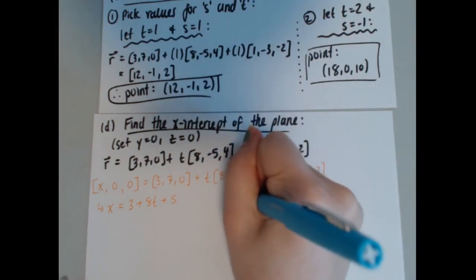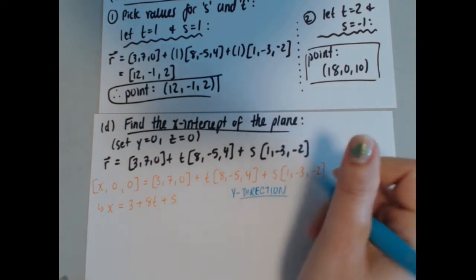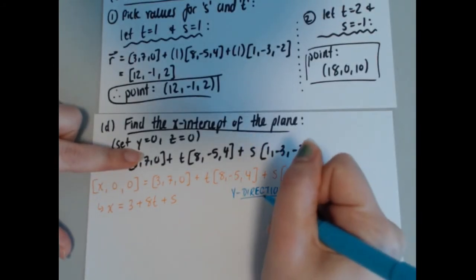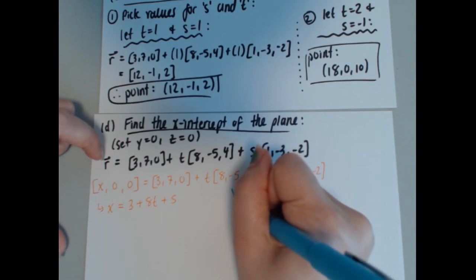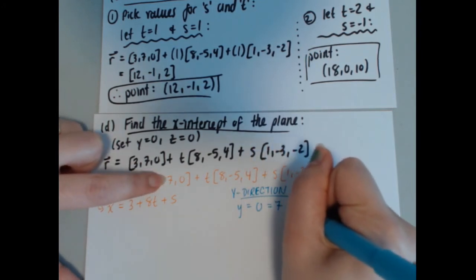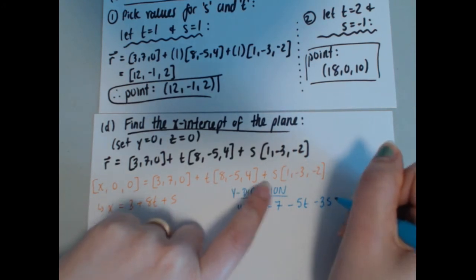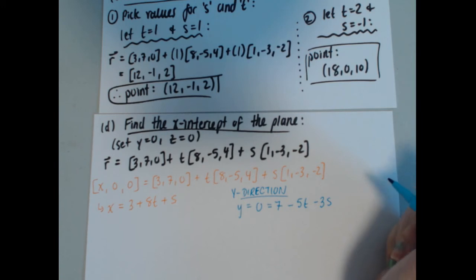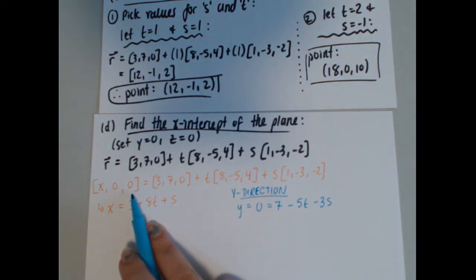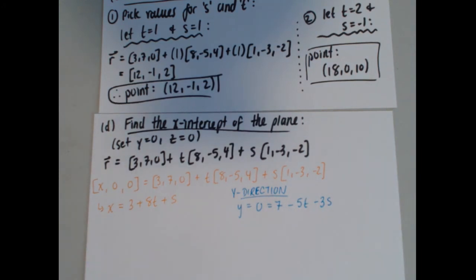For the y direction, you're going to have y, because that would be on the left, y, which is 0, is equal to 7 minus 5t minus 3s. And then for the z direction, you would have 0 is equal to 0 plus 4t minus 2s.